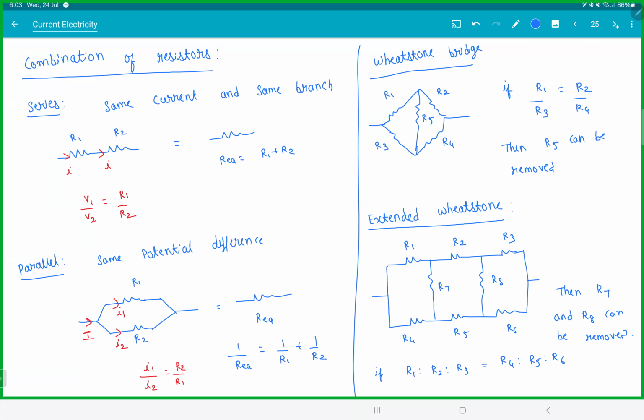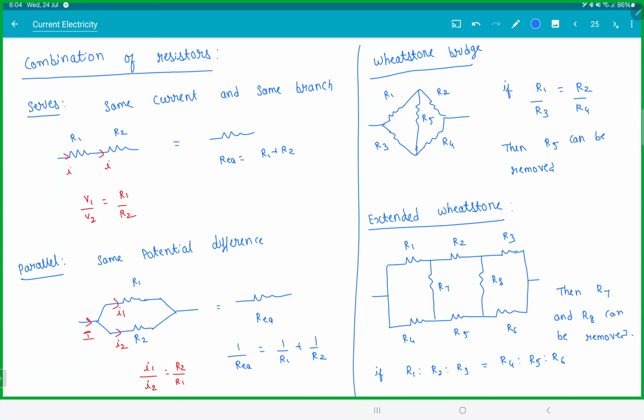E is same, area is same. So drift velocity has to be more to compensate for it. So higher resistivity will actually have faster electrons. Because there's more resistance in order to oppose that, you have to go faster. I think you are asking about your plus minus issue. Yes, sir.